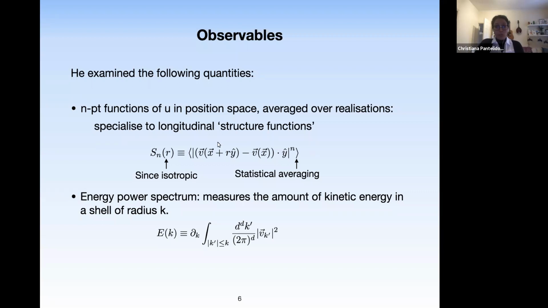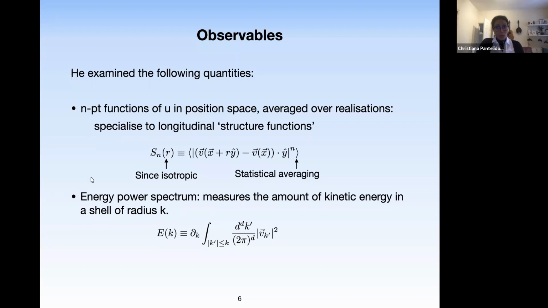And then, of course, since, as I was saying on the previous slide, in turbulence everything has to do with statistics, we need to take an appropriate statistical averaging. By carrying out this process, one gets the nth longitudinal structure function, which is typically denoted by Sn. And remember, given that we made the assumption of the isotropy hypothesis, this quantity can only depend on the separation between the 2 points, namely, it's only a function of r.